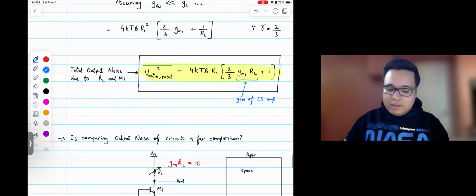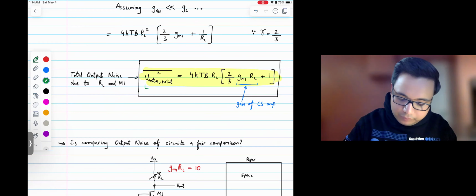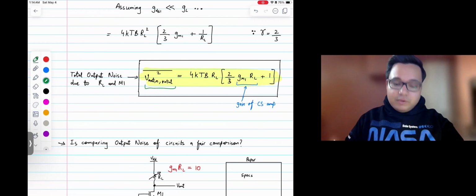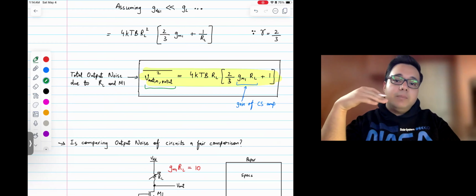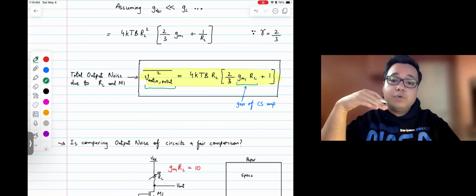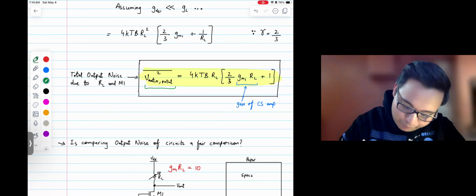And now look at this total output noise expression over here. This expression depends on the gain of the common source amplifier. So if I increase the gain of the amplifier, what happens to my total output noise? If I increase the gain, the total output noise also increases, right?